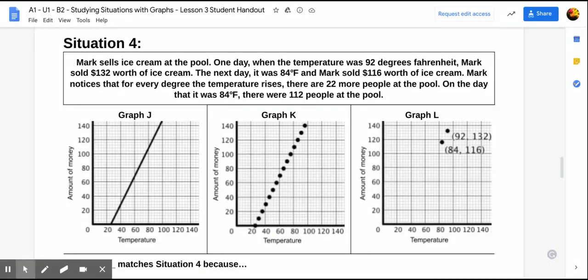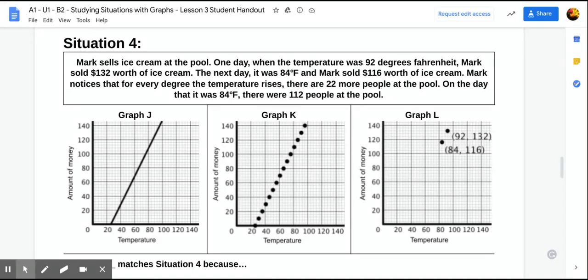Situation 4. Mark sells ice cream at the pool. One day, when the temperature was 92 degrees Fahrenheit, Mark sold $132 worth of ice cream. The next day, it was 84 degrees Fahrenheit, and Mark sold $116 worth of ice cream.